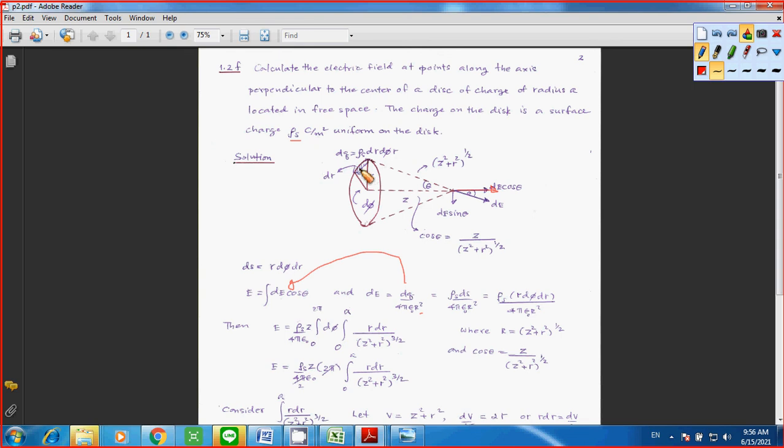What is the area? Area is the width multiplied by the length. When you have the angle d phi, the length is going to be r multiplied by d phi.